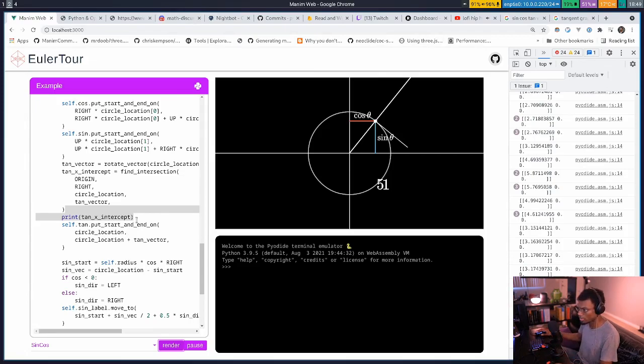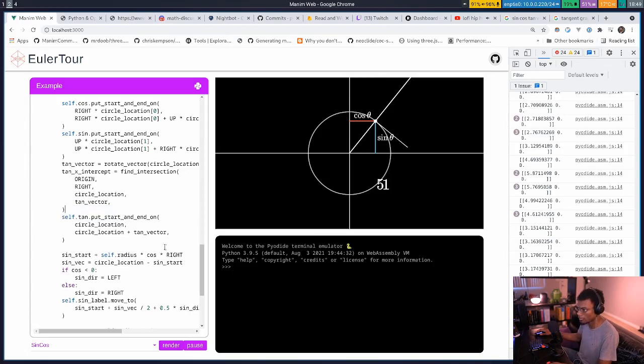So I think what I should be doing here is saying tangent x intercept indexed at 0. Perfect. I am shocked that didn't crash. I absolutely expected that to crash at the extreme points.